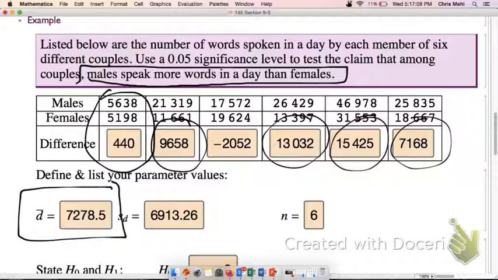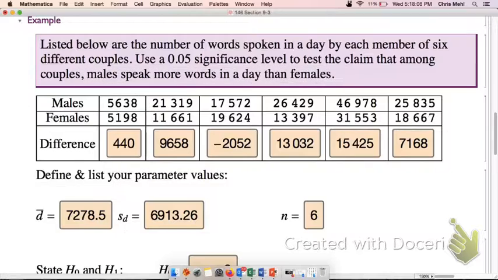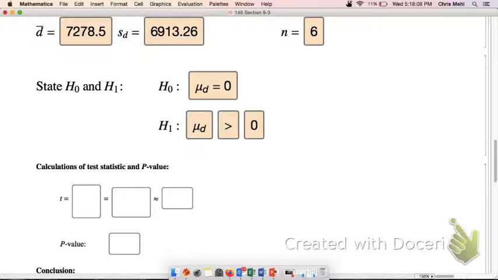So generally males speak more words than females in the sample. We're trying to test the claim that it's also true in the population, that the mean of the differences for all the couples in the entire population is positive.